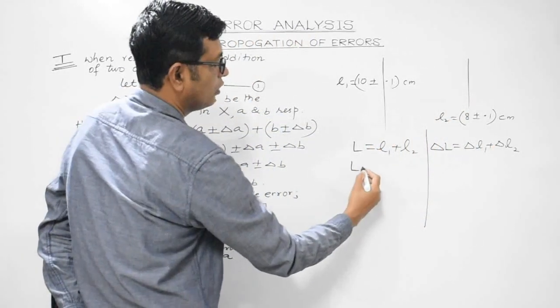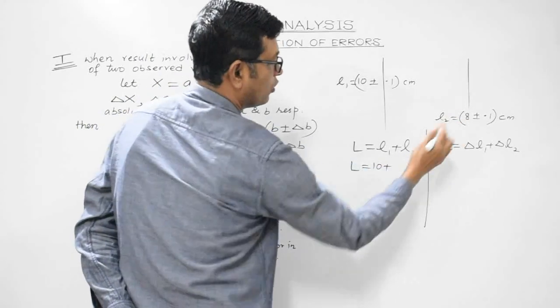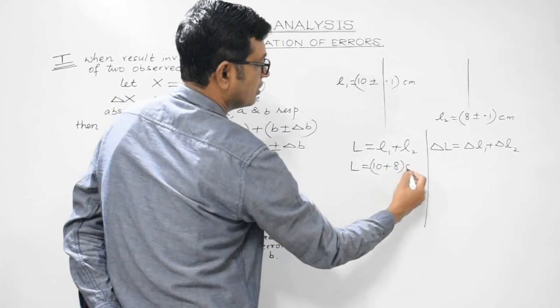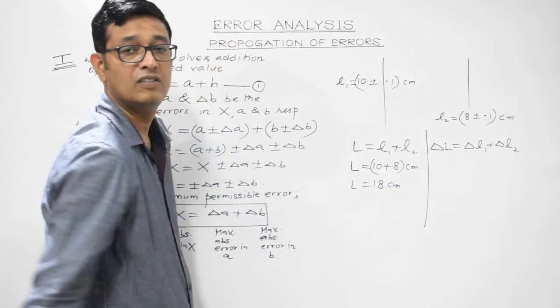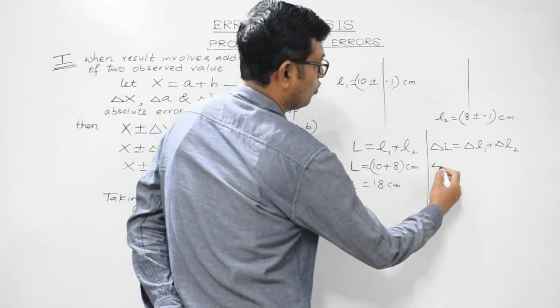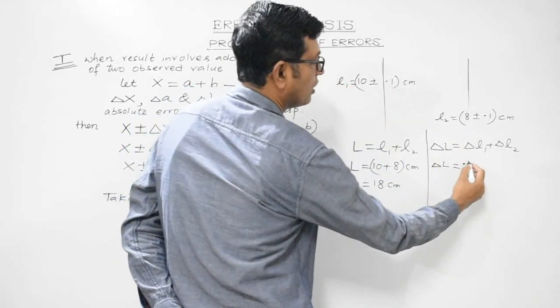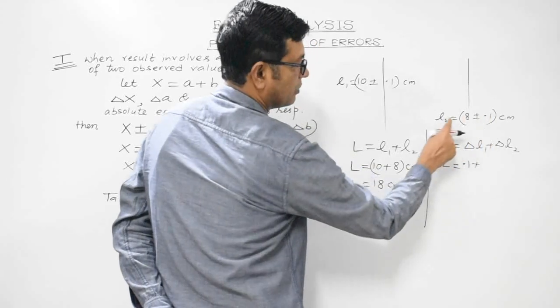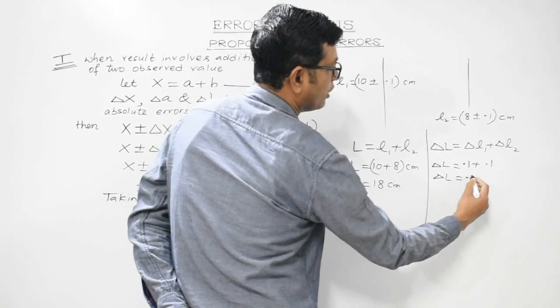So let's get the values. True value of L1 is 10, true value of L2 is 8, in centimeters. So that will give us 18 centimeters. Clear? What about del L? This is the absolute error in measurement of L1, that is 0.1. This is the absolute error in the measurement of L2, that is again 0.1. So it will give us 0.2.